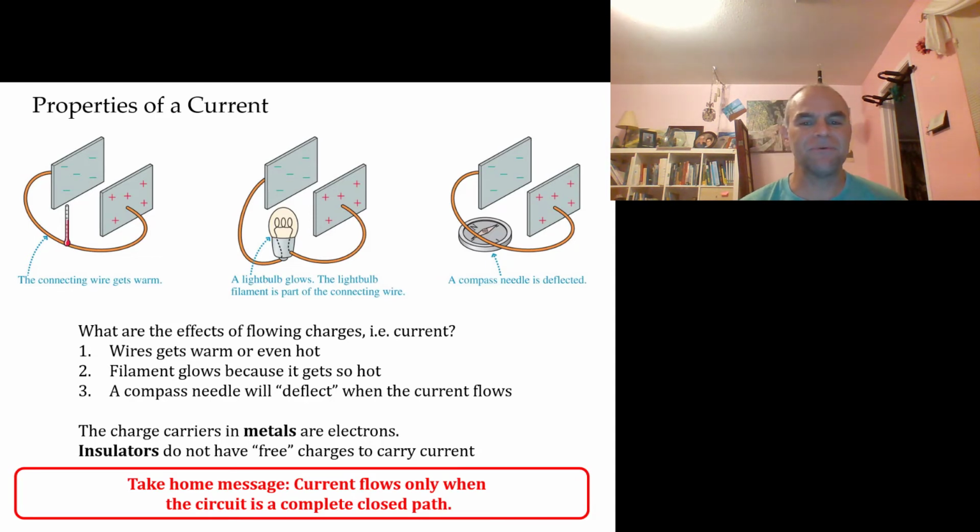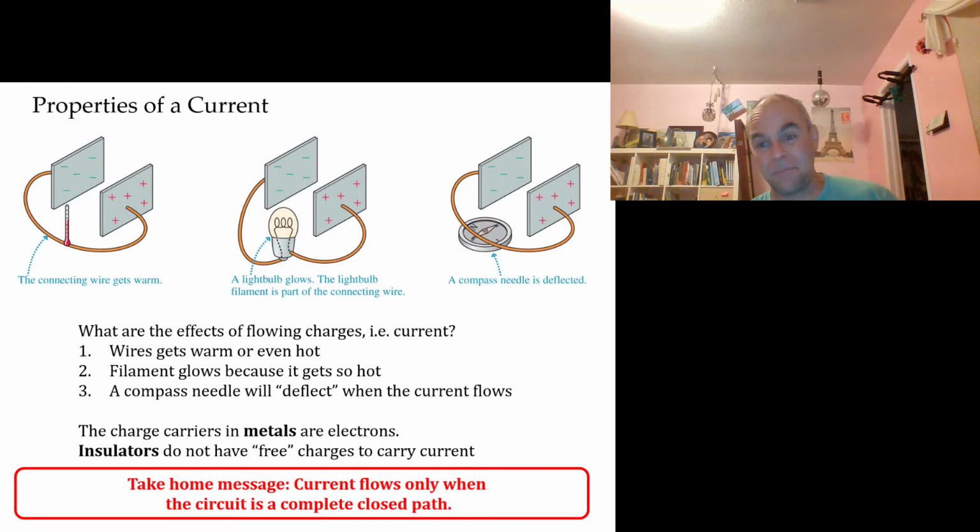We'll also see examples later in the semester that electrical currents can actually cause compass needles to change direction, and that'll be interesting. We'll talk about it later. And the other thing that's interesting is current will only flow in things that are good conductors, like wires, metals, on the periodic table that you probably remember from chemistry.